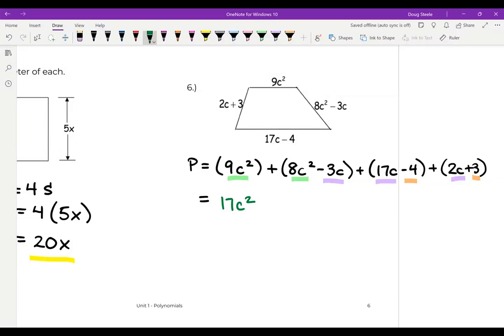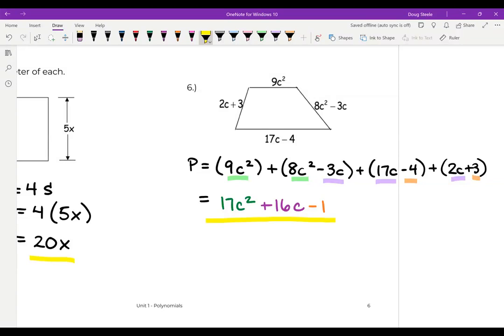I have minus 3c plus 17c plus 2c, so that gives us 16c. And then I have a minus 4 plus 3, so that gives us a negative 1. So our perimeter expression for the trapezoid is 17c to the power 2 plus 16c minus 1.